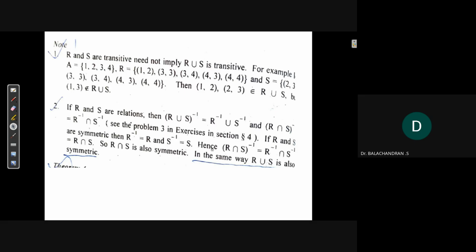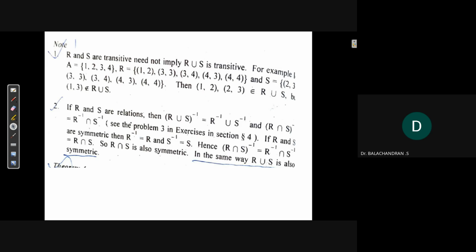So hence (R intersection S) inverse, I am taking directly, I am not proving it here, is equal to R inverse intersection S inverse.